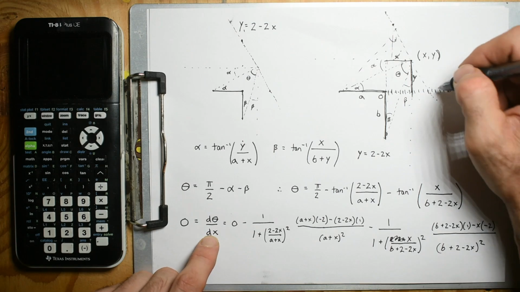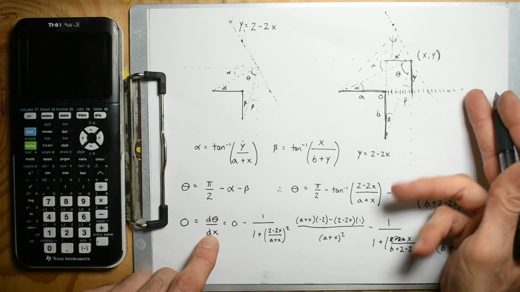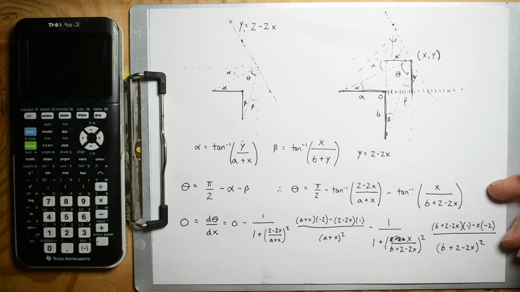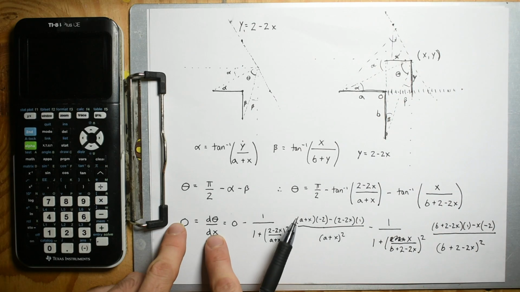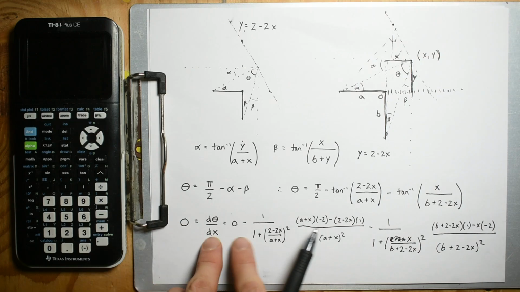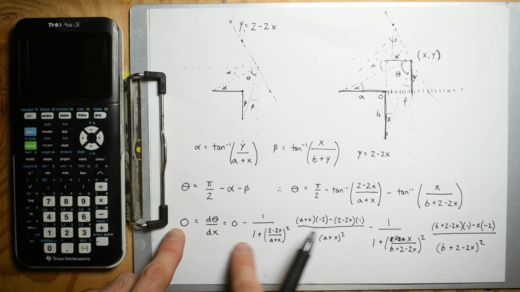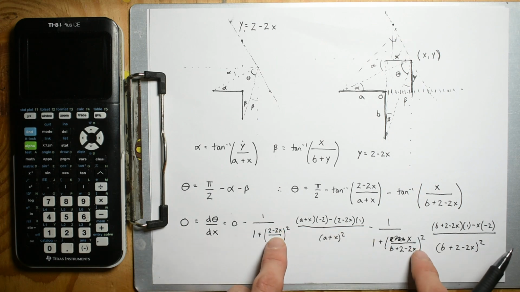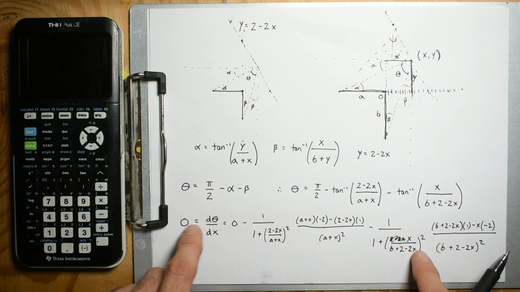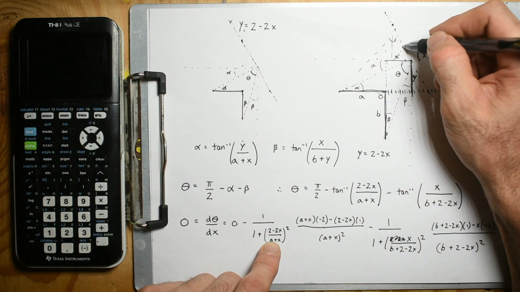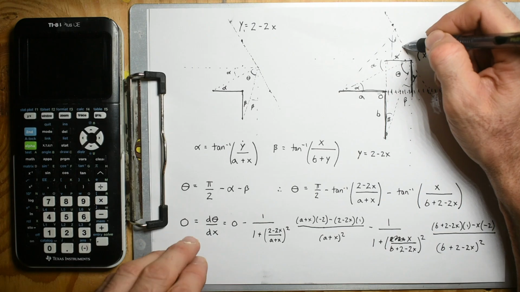Cool. I'm going to try a window between here and there on my calculator. This is going to be the equation that I'm going to get, and when it crosses zero, there's a value of x that makes this equation 0. That's the value of x where this is either a minimum or a maximum.